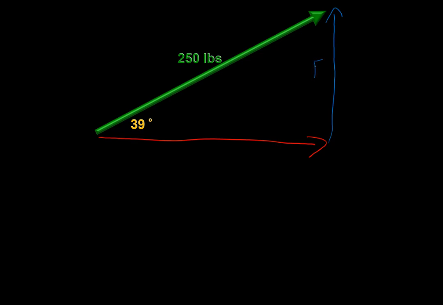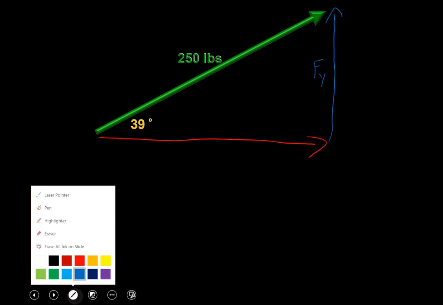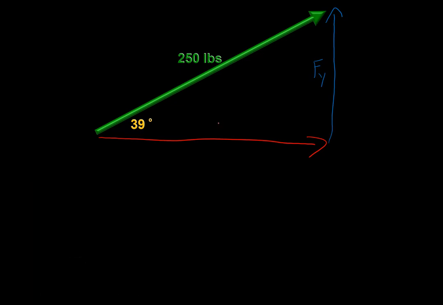So this is our y force, and this would be our force in the x. And then the green one would just be our force. So let's do our force in the x first.